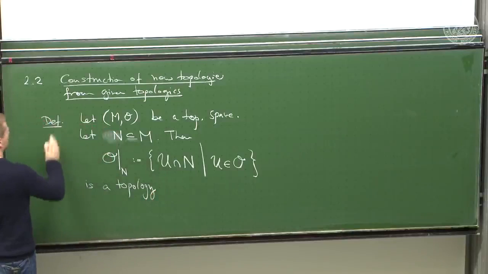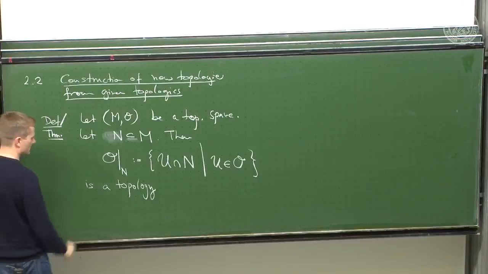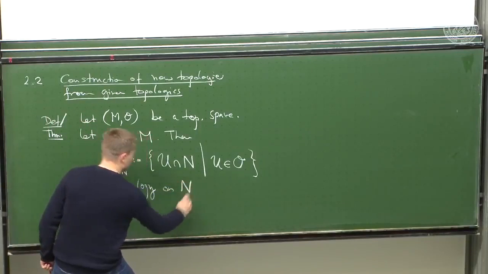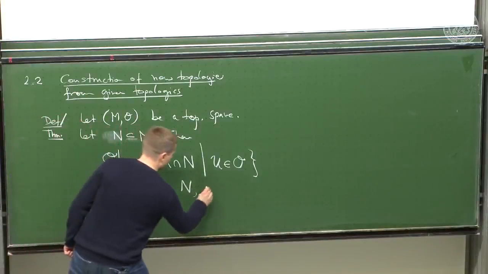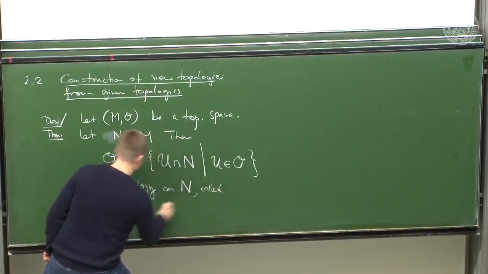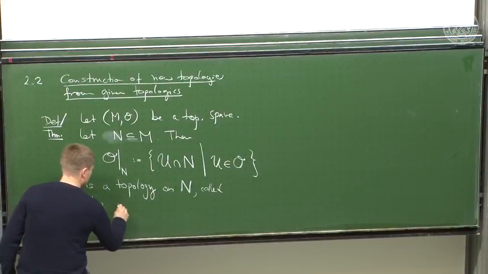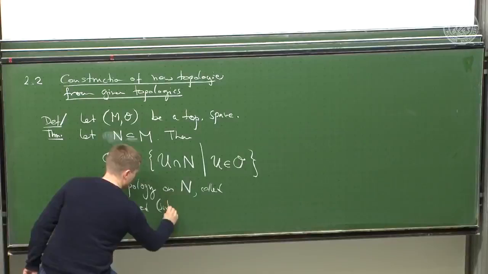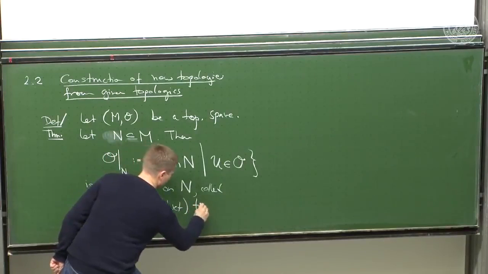Well, this is a definition slash theorem, because the claim is that this is a topology on the subset N, and it has a name: it's called the induced, and sometimes one adds subset, topology.